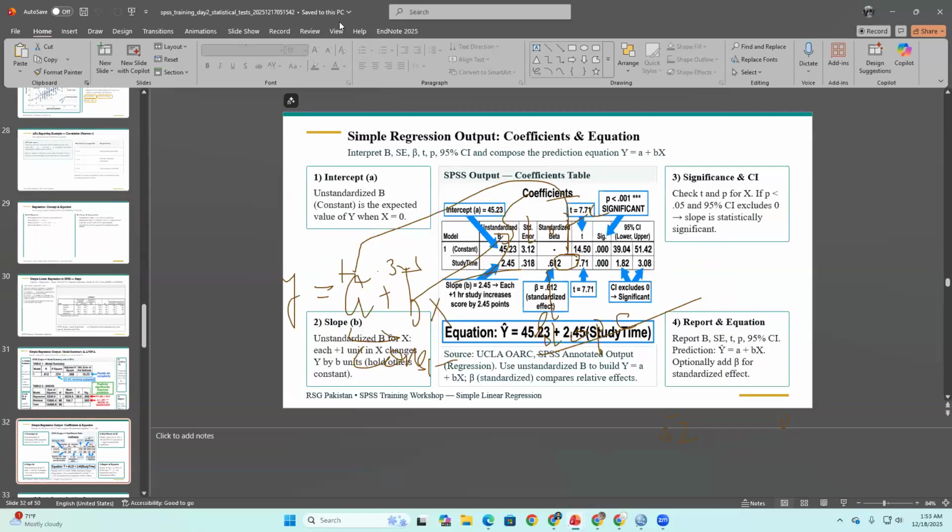This is the main slide, the main equation I want to show you. Can you see that this is the intercept?